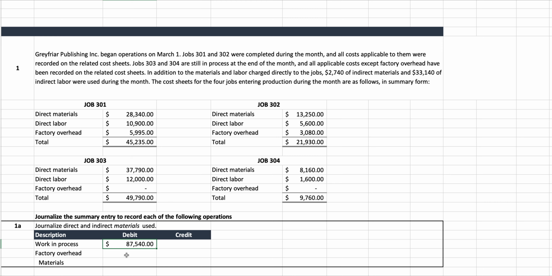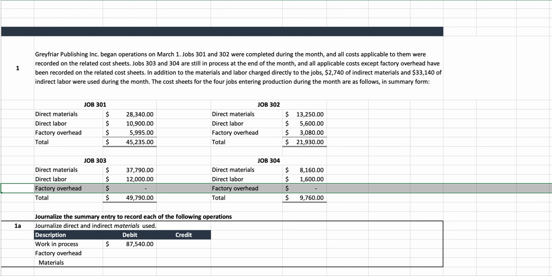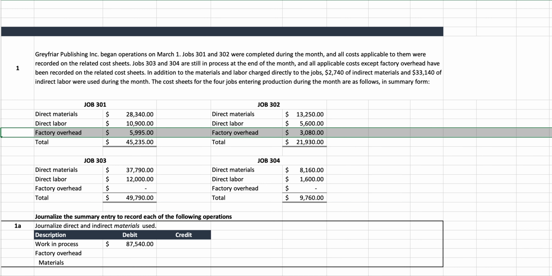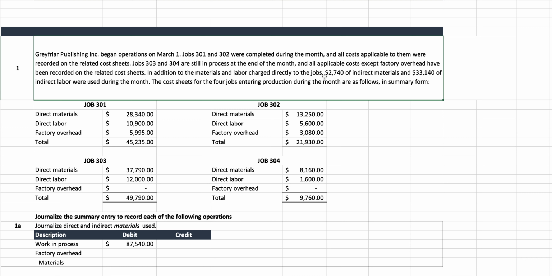Now we want to pick up our factory overhead. We don't have all of our factory overhead, so they're not really talking about that. They're talking about the factory overhead that's related to materials. And we were told in the narrative that we have 2,740 in indirect materials. Indirect materials is part of your overhead. So I'm going to change that color. We have 2,740. And these are natural debit balance accounts.